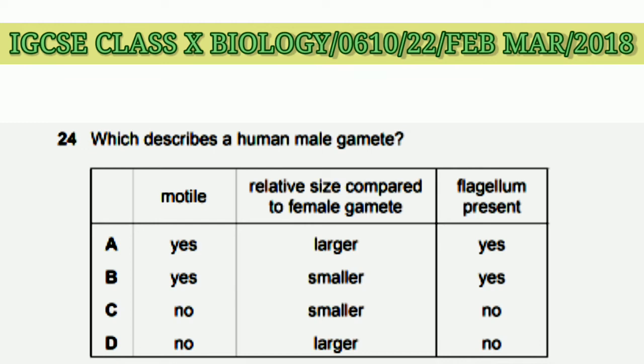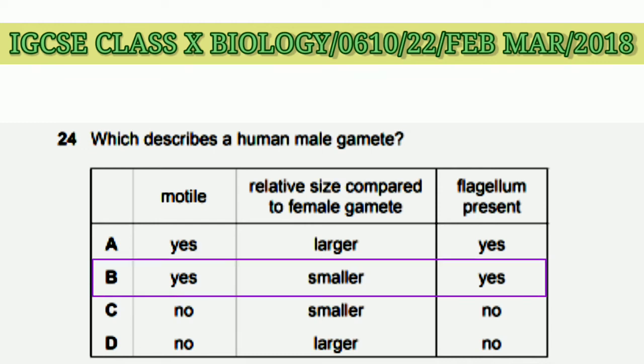Motility, yes, it is motile. Relative size compared to female gamete is smaller and flagellum is present. The correct option here is B. Sperm is motile, smaller than the female gamete, and has a flagellum.